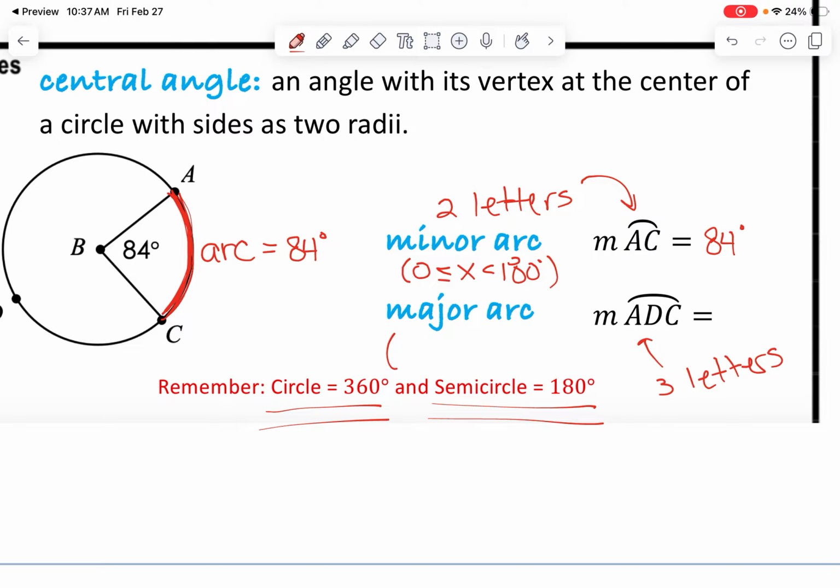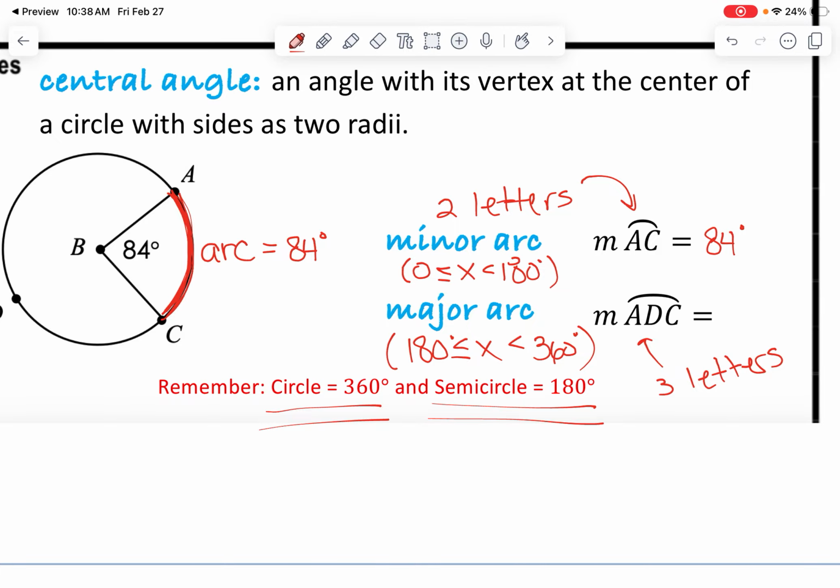And a major arc is always going to be bigger than or equal to 180 degrees, but less than 360. I wrote that the wrong way.